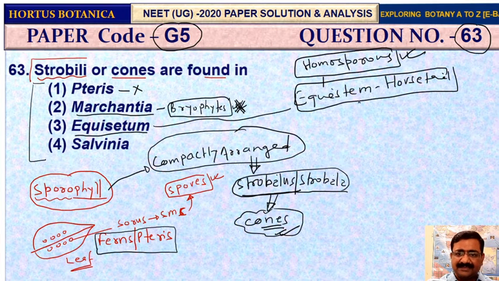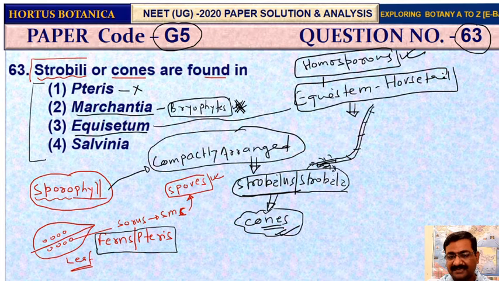Now, whenever you will find this Equisetum, you will find a very clear cut structure. See this, there will be this rhizome like structure, hairs will be there, that is the adventitious roots, right? Nodes are there, right? There will be branching, and that branch appears like a horsetail. That's why it is called Equisetum.